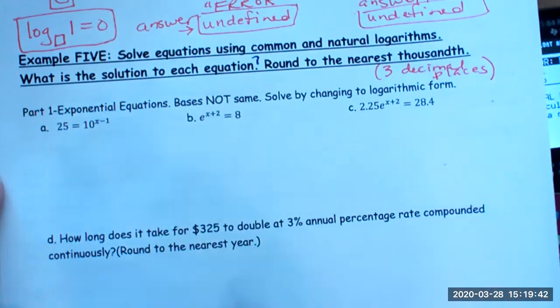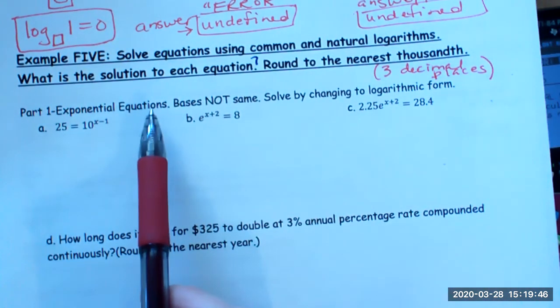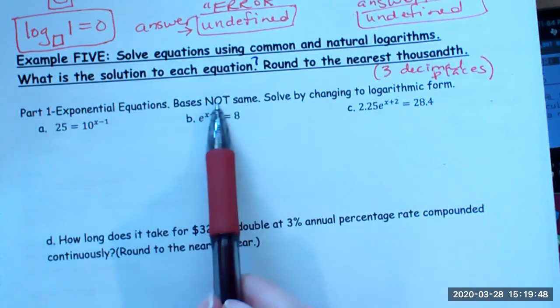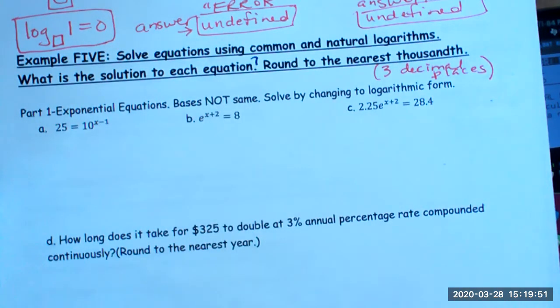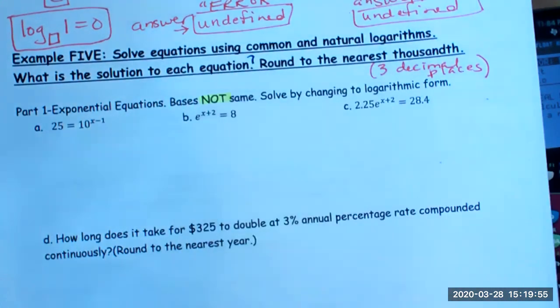Okay. So we're going to look here at solving exponential equations, just like what we were looking at the very beginning of this lesson, but this time the bases are not the same. Now that we know about logarithms, what we can do to solve is solve by changing to logarithmic form.